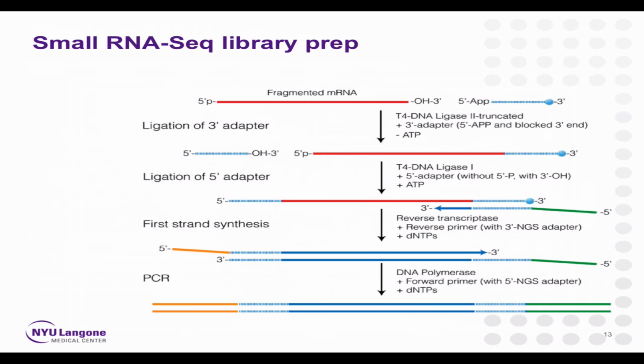Just one word about small RNA-Seq library prep, since Stuart is not going to cover this. Small RNAs are too small to be sequenced by Illumina without the addition of different adapters. So basically, the adapters are ligated straight onto the small RNA, and then at that point you continue.